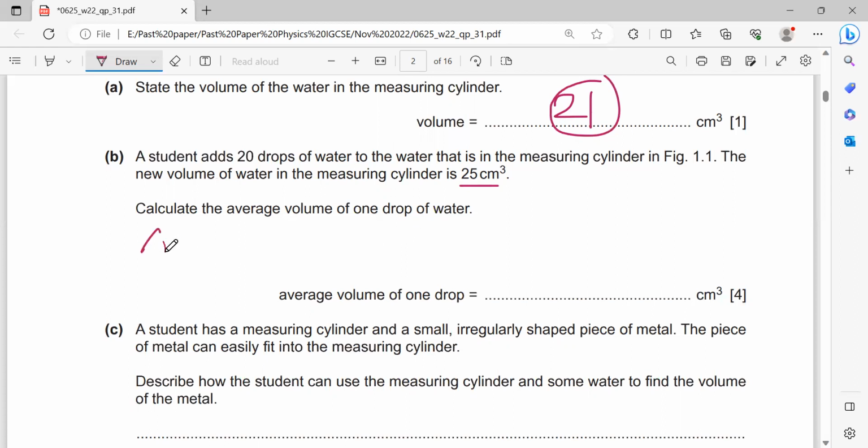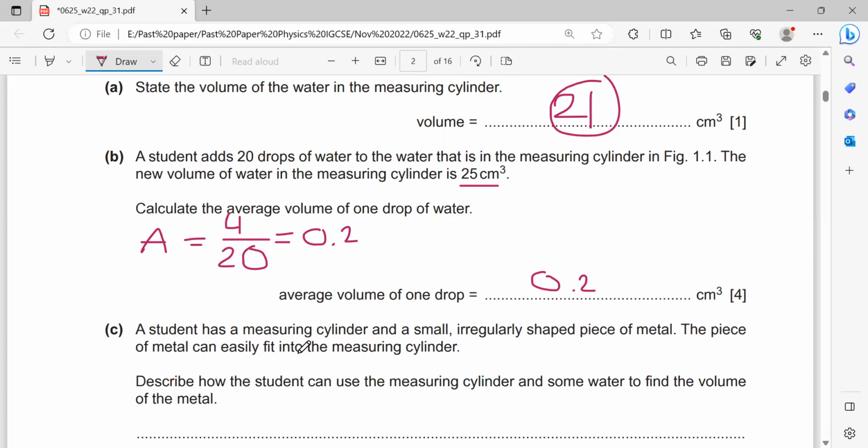The average: 25 minus 21 equals 4. 4 over 20 because 20 drops, so that is going to be 0.2. Okay, so 0.2 here.